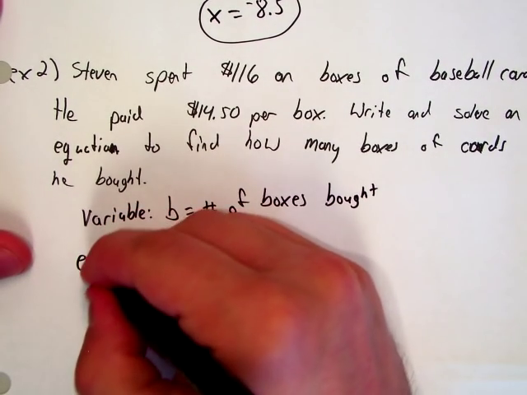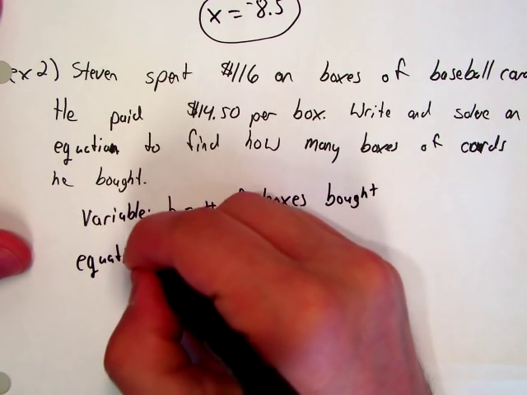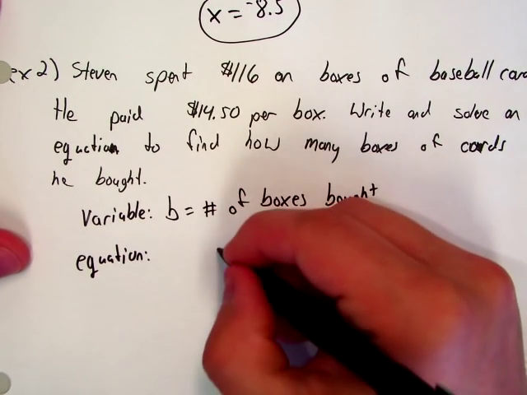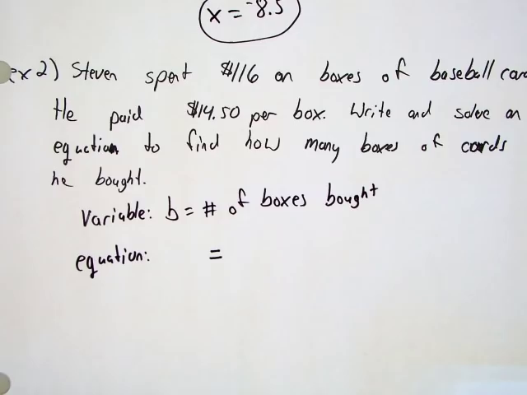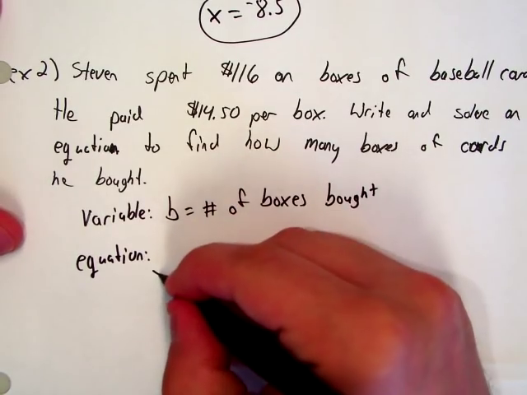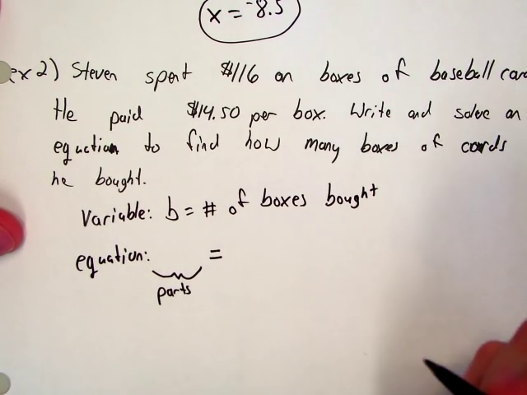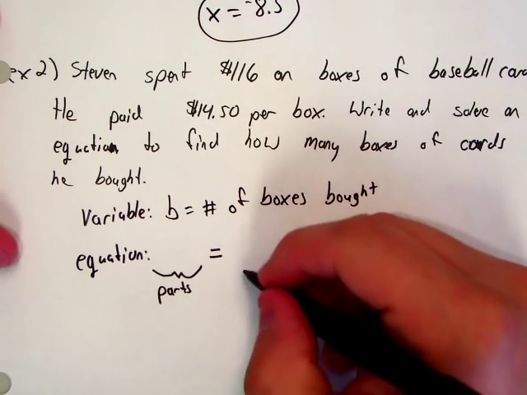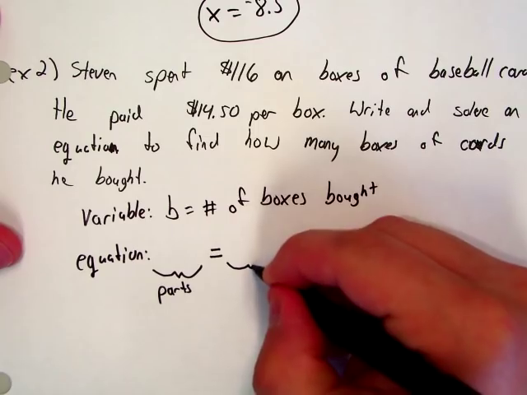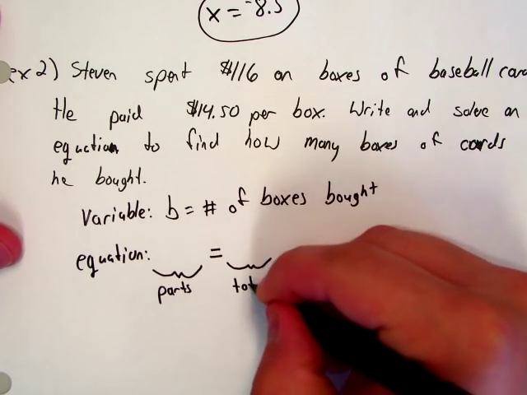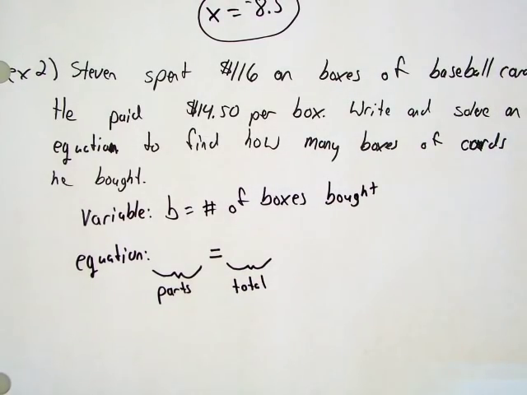The next thing we need to do is our equation. Whenever we write an equation, there's always going to be an equal sign in it. On the left side, usually, are the parts that combine together in order to get the total, and on the other side would be the total.